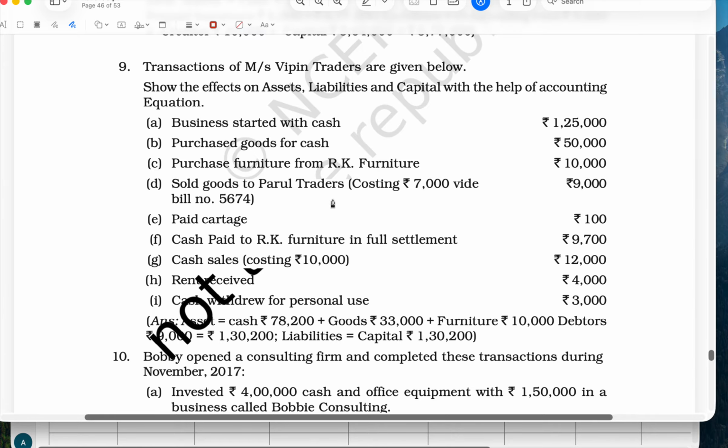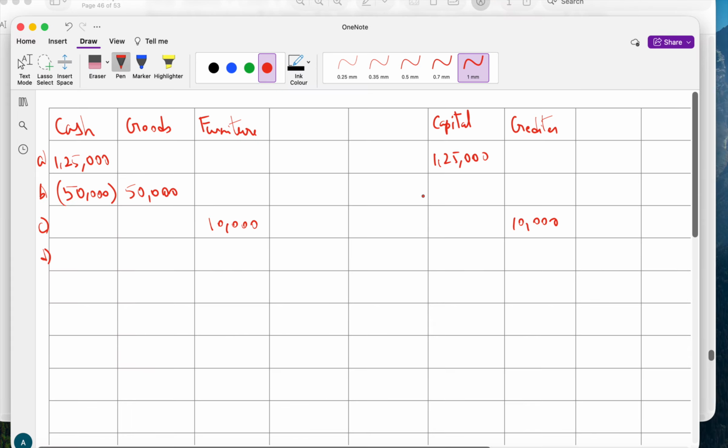Okay. Then sold goods to Parul Traders for 9,000 costing 7,000. You can ignore the bill number. So it is a credit sales. So goods worth 7,000 is being sold for 9,000. Since it is a credit sales, there will be debtors.